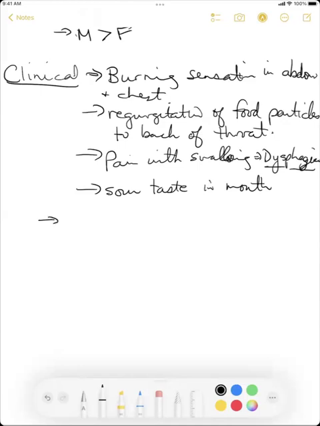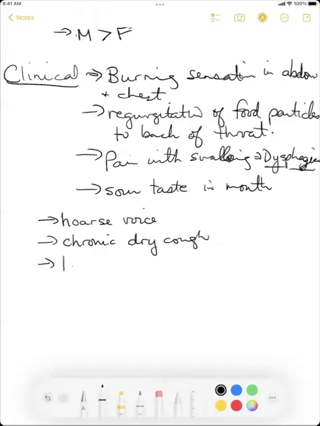So if there's vocal cord irritation, people will present with a hoarse voice. There'll be some inflammation in the vocal cords, so people will tend to have a chronic dry cough. And it can sometimes lead to inflammation of the vocal cords, or laryngitis.